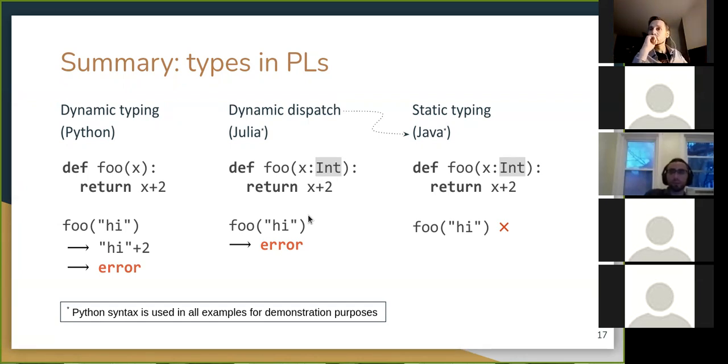This program will not be rejected statically. With languages like Java, you still have your static type system that will reject this kind of program, but then you just have a bit more flexibility at runtime in which implementation to pick.